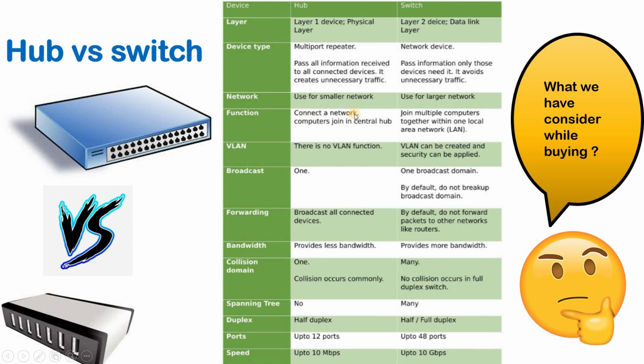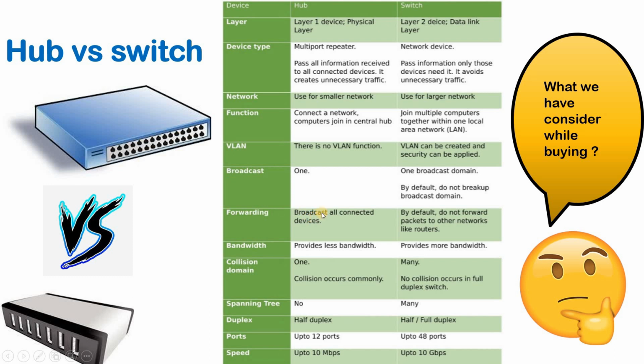The function of the hub is to connect the network computers in a central hub. When we choose the hub to join multiple computers together in one local area network, that works, but for a very large scale network we can't use the hub, we can use the switch. The hub is one broadcast domain, but the switch by default does not break up the broadcast domain.